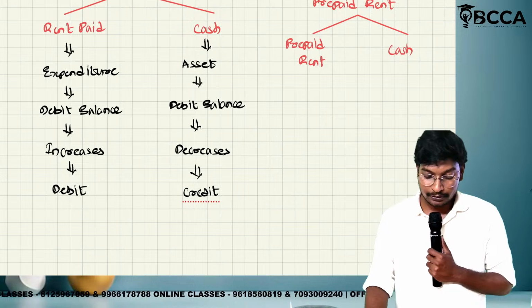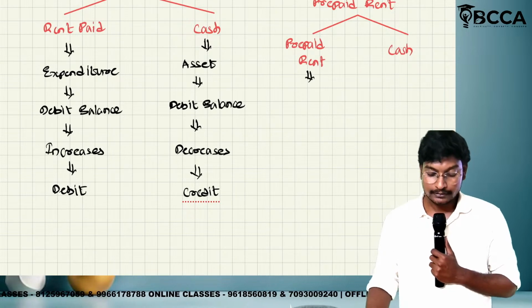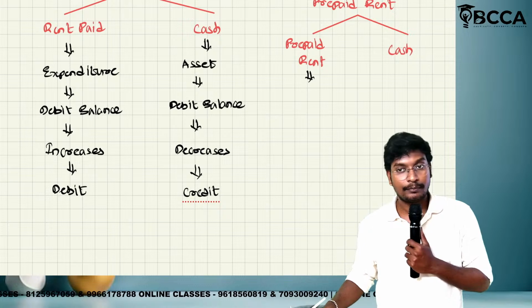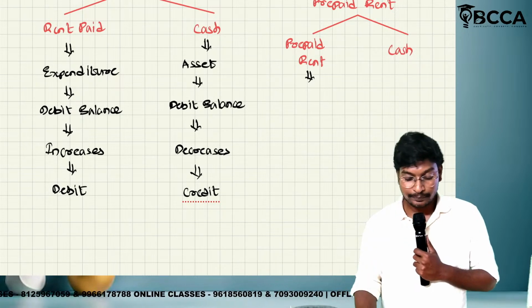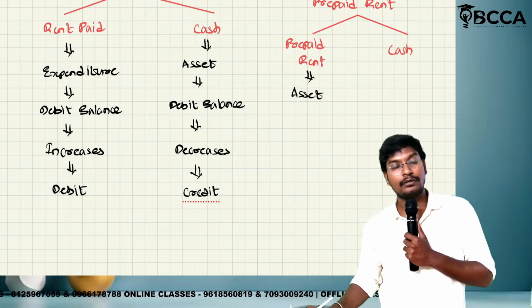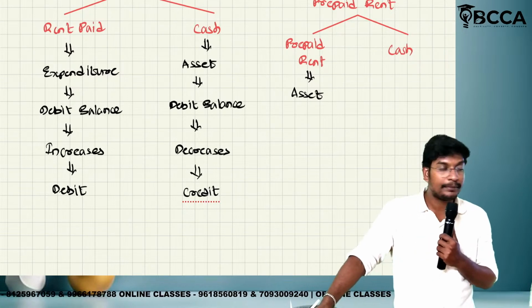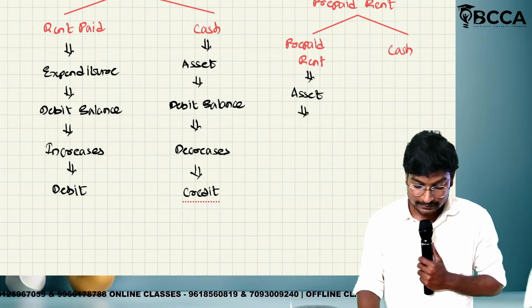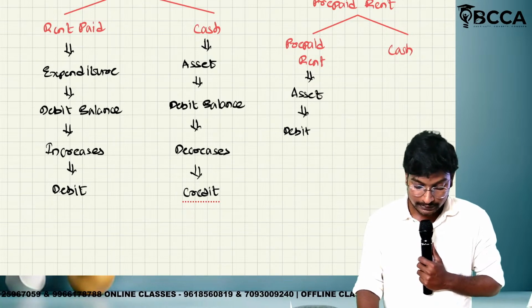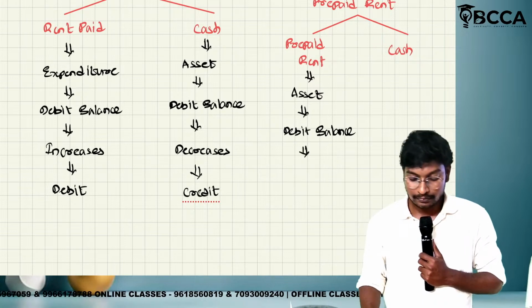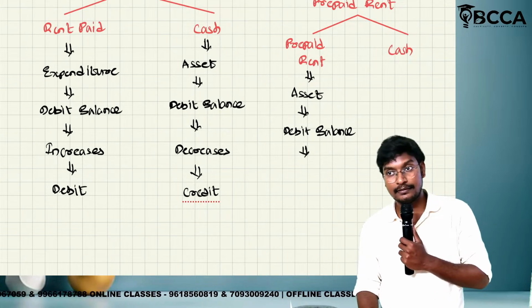Next, when it comes to the prepaid rent, it means we have paid the rent before the completion of the period itself. Outstanding rent is a liability, but the prepaid rent is an asset. Asset means debit balance, so it increases.